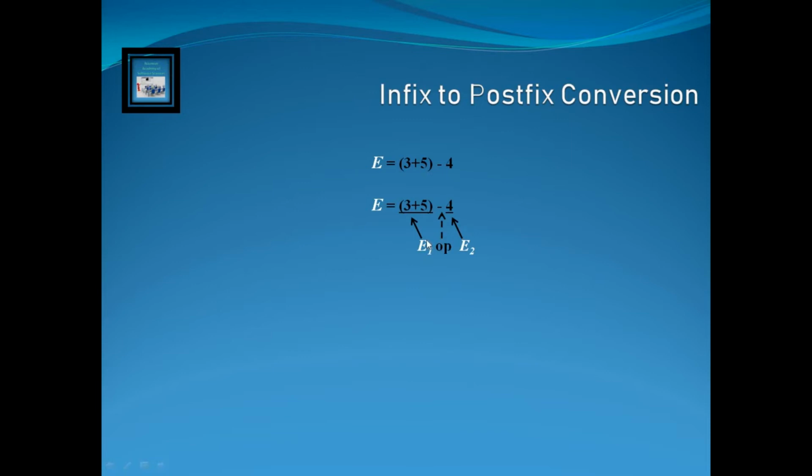If we denote the first sub expression by e1 and the second sub expression by e2, then as a whole the postfix form will become the first expression's postfix form, then the second expression's postfix form, and then the operator.